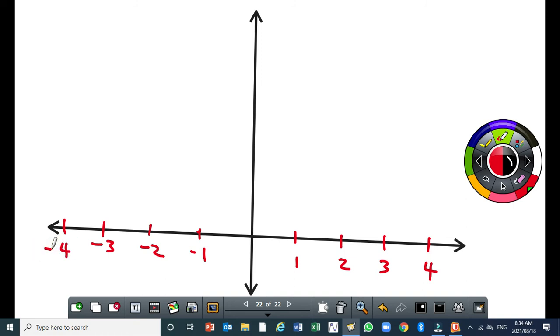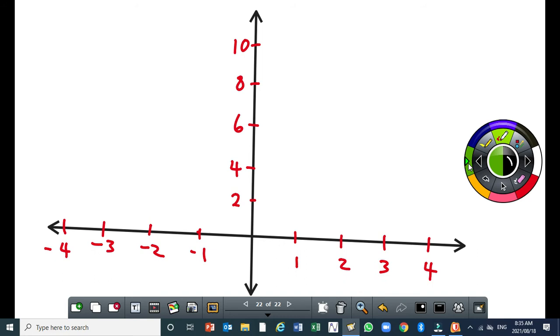Right? Then I put, well, let me make this one 2, 4, 6, 8, and then 10. Okay, so let's plot.